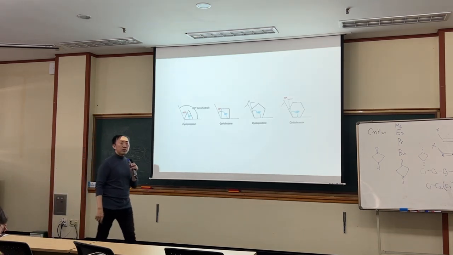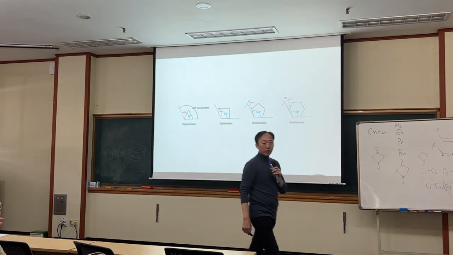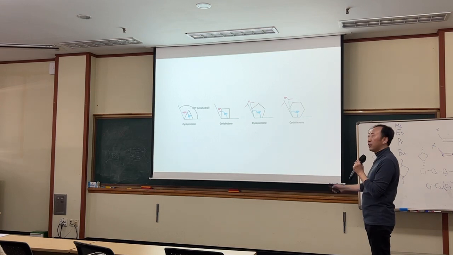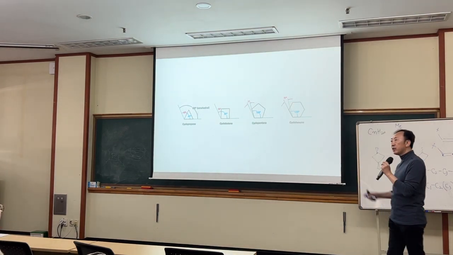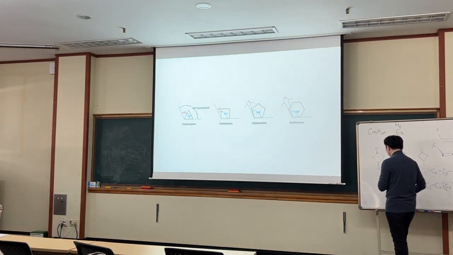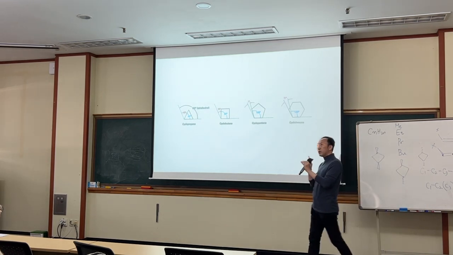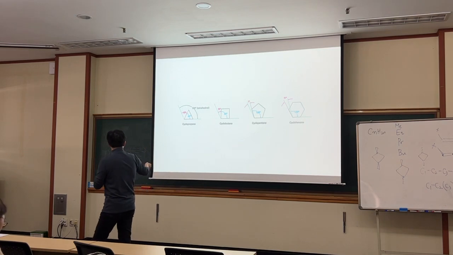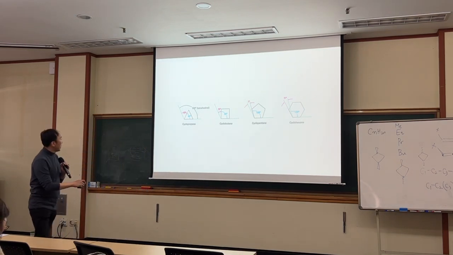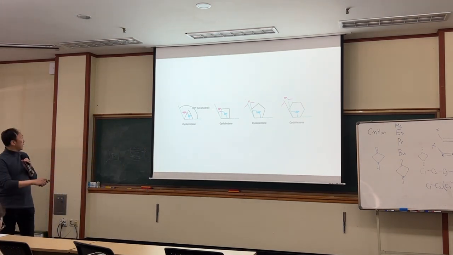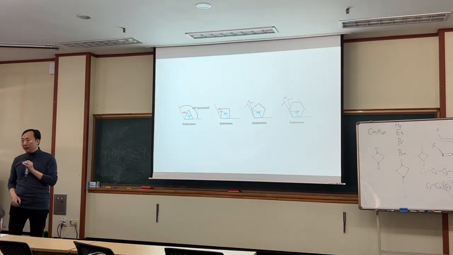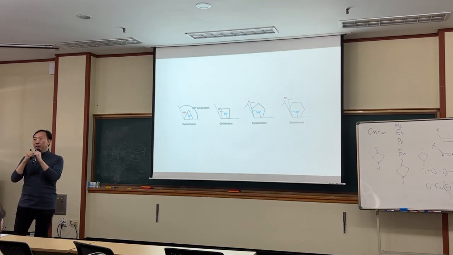If you look at those structures, a tetrahedral carbon has an angle of 109 degrees. Right? Tetrahedral carbon, 109 degrees, is the most comfortable angle. Now if it is a 3-membered ring, it's 60 degrees. Then the difference between 109 and 60 is almost 50 degrees. That means it's very unhappy in this configuration.